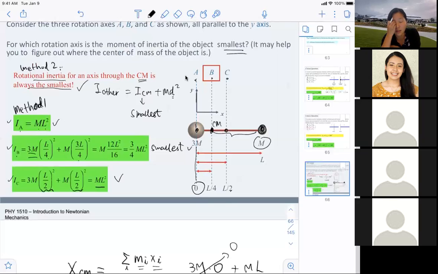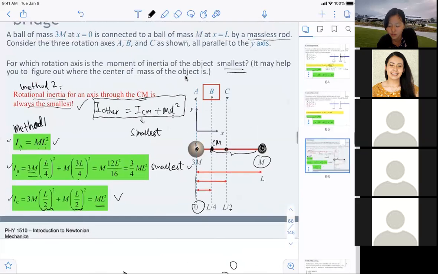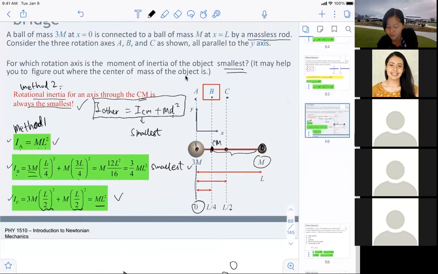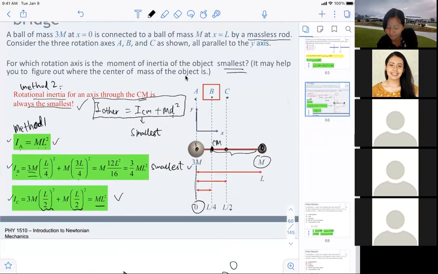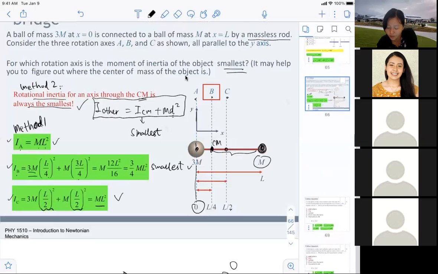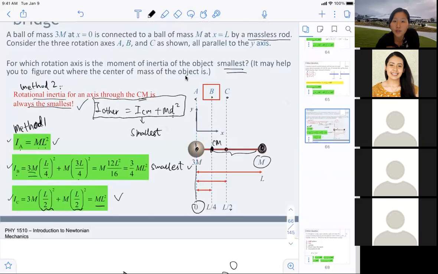So that's the second method utilizing our parallel axis theorem, knowing that the center of mass is always the smallest one. All right, any questions so far about the parallel axis theorem?